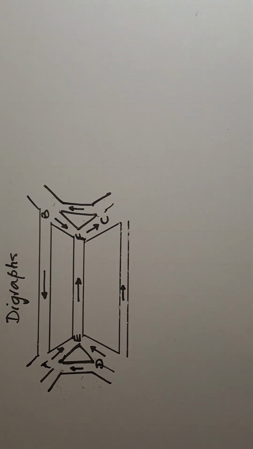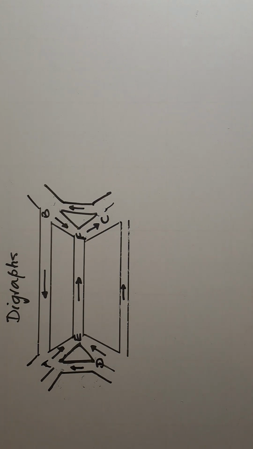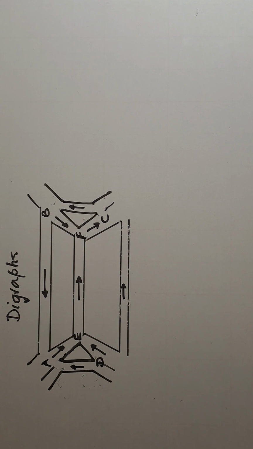This diagram in front of us here is a one-way street system, but we can't represent this using a graph. That's because the edges of a graph are undirected. That means they do not specify any direction. But with this scenario, we must use a directed graph.